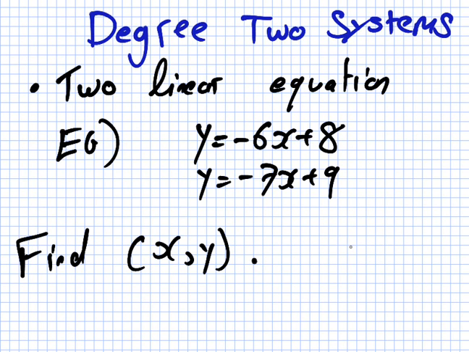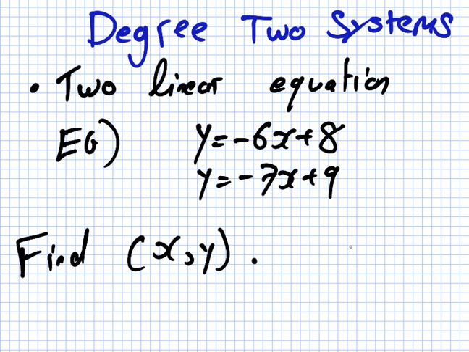You might not meet the point easily, and it won't always work. If x was something like 1.256, you would need to be a machine to read the graph that accurately. Okay, so let's actually use these two as an example.